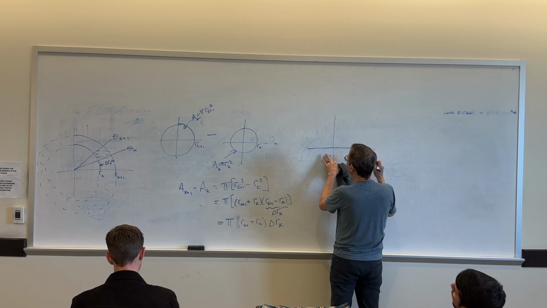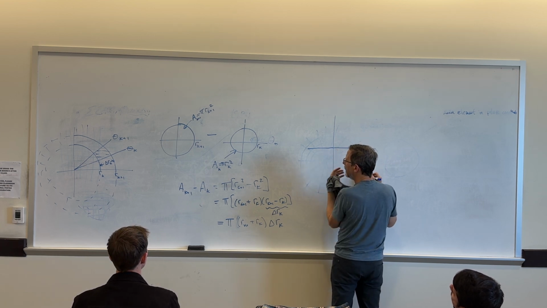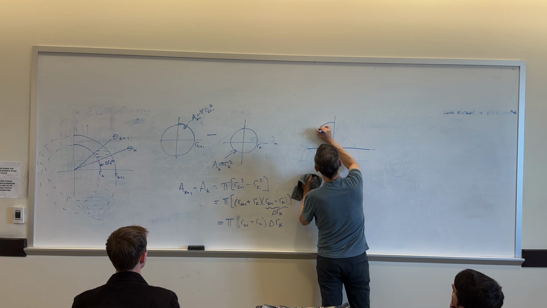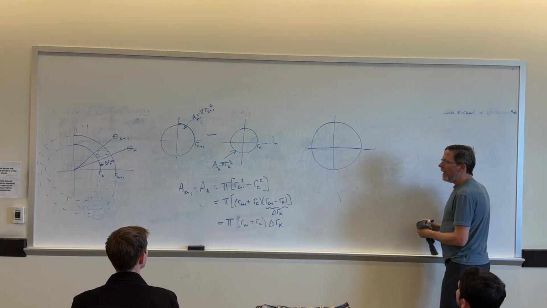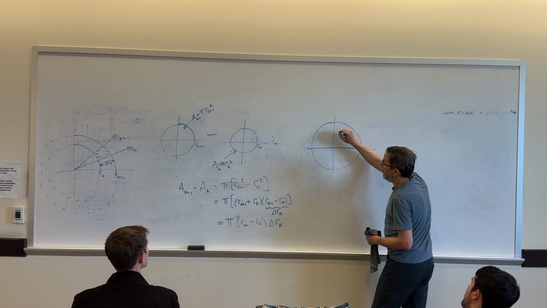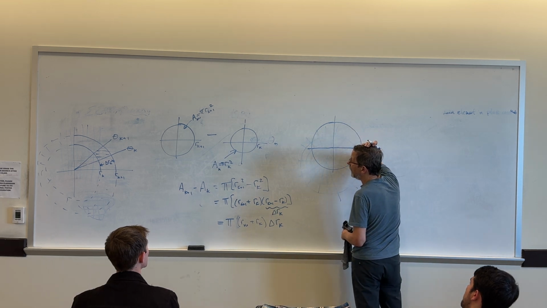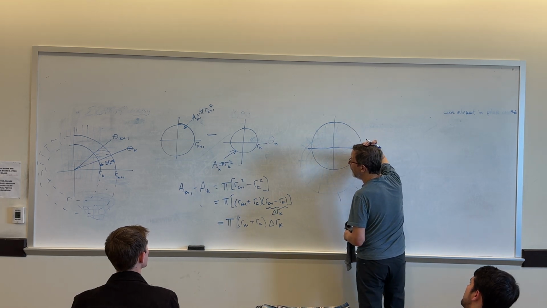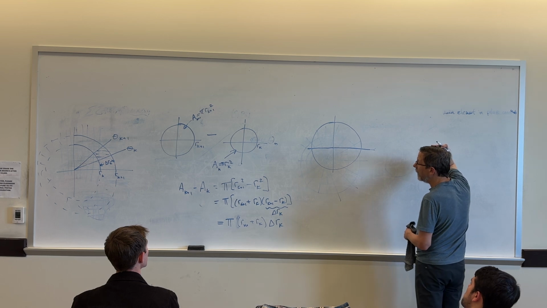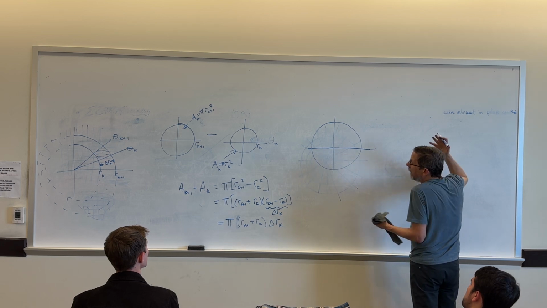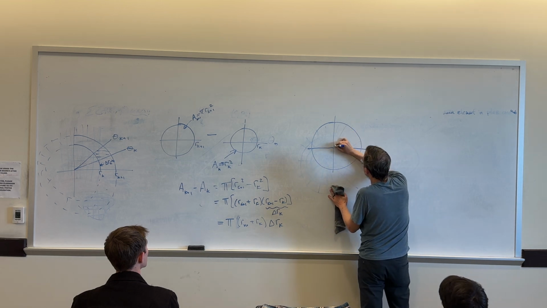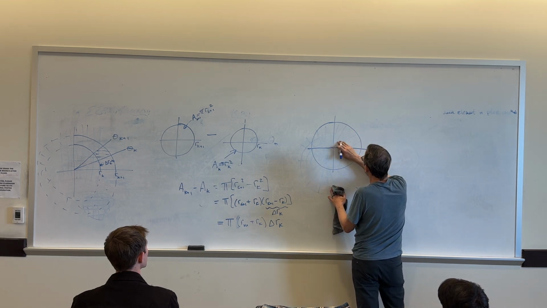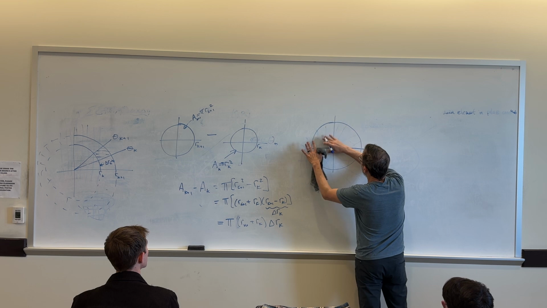Let's start with a circle. I just want the portion of the area that's between two pieces like this, but we're going to get there slowly. So what is the full area of this?